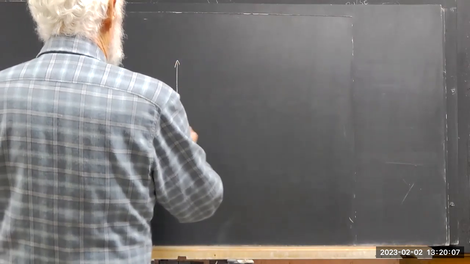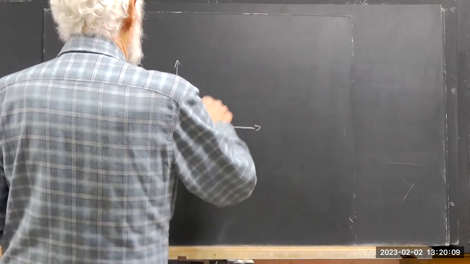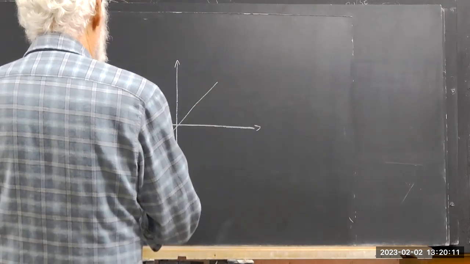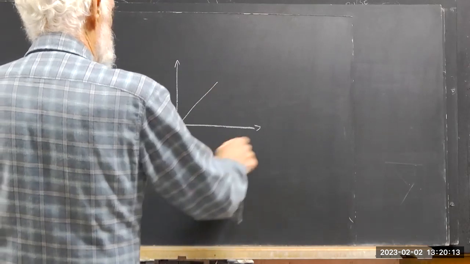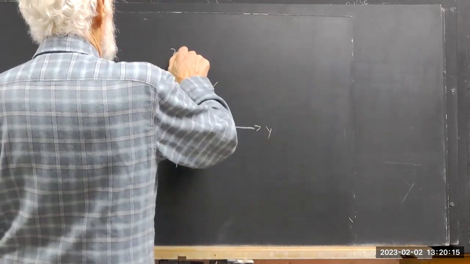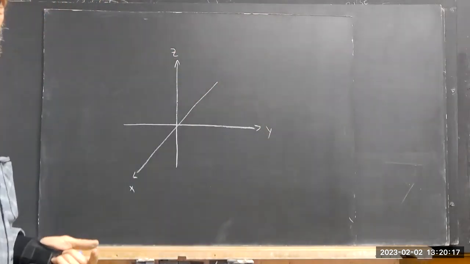It's easiest to see these coordinate systems in relation to your Cartesian coordinates.